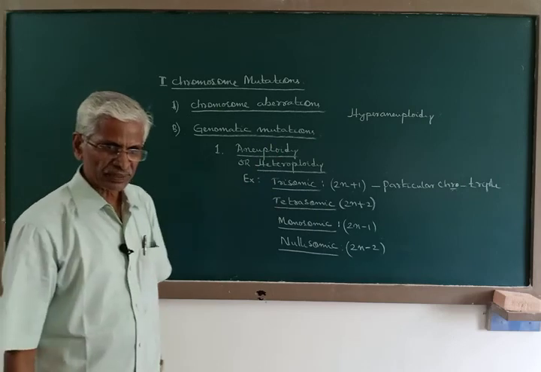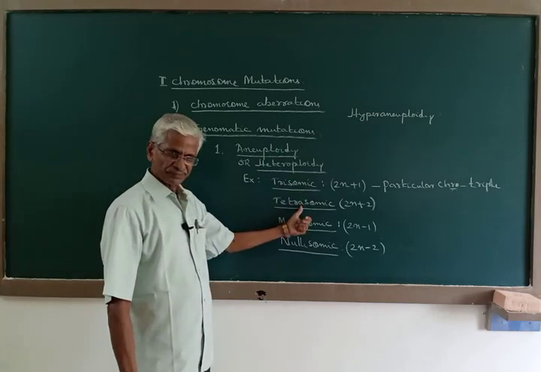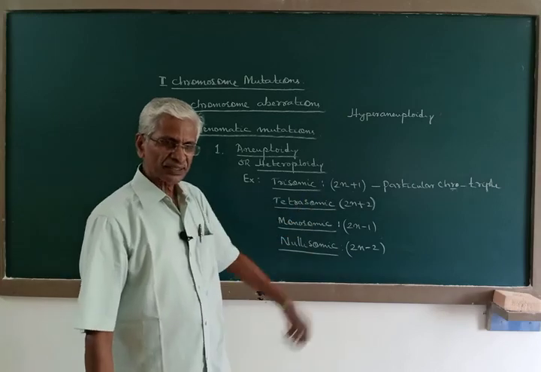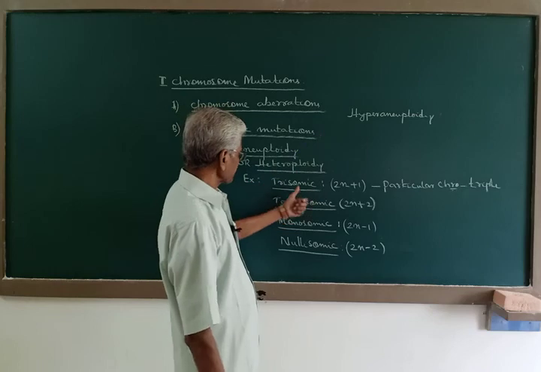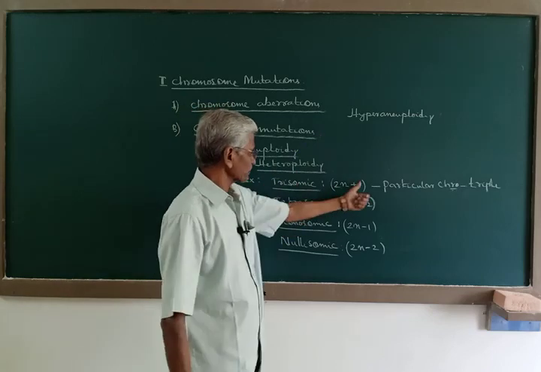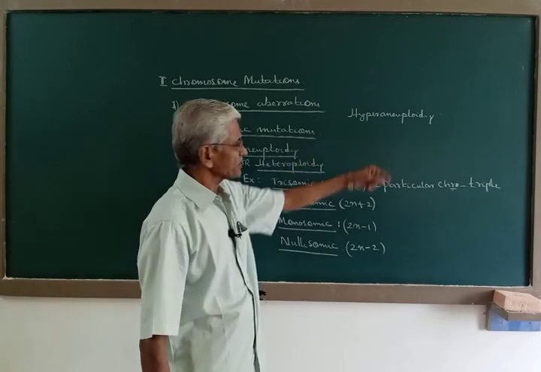What do you mean by hyperaneuploidy? Aneuploid condition with addition of extra chromosomes to the diploid number. So in trisomic and tetrasomic, there will be addition of chromosomes to the diploid number.